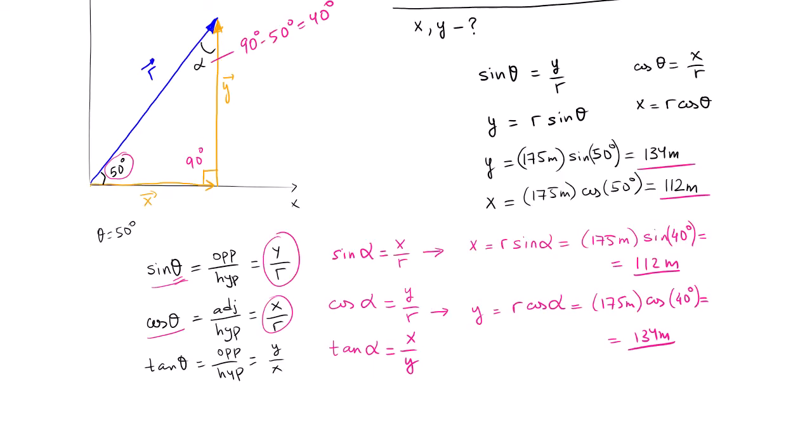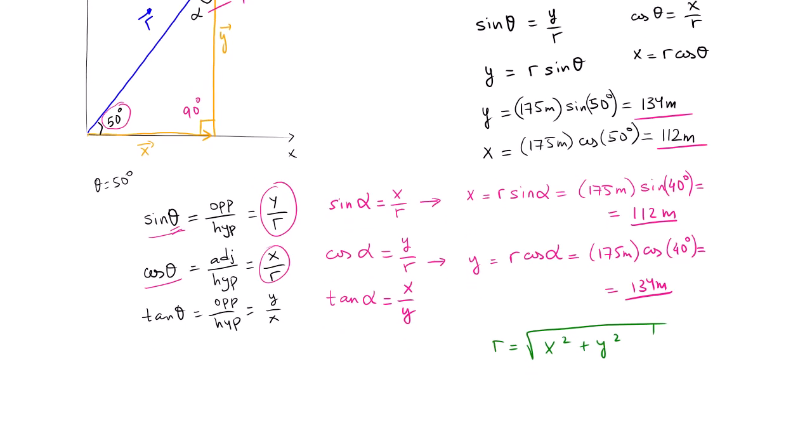Since the vector components add up to the original vector from the right triangle, the Pythagorean theorem can be applied to check the validity of calculations. For example, I could say r equals square root of x squared plus y squared, and then plug in the numbers and see if that will work.